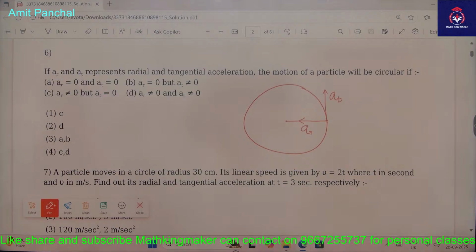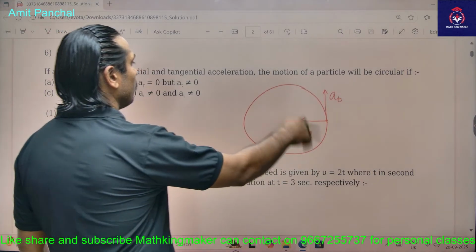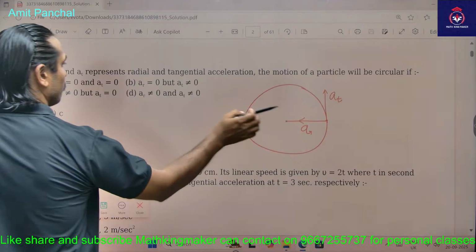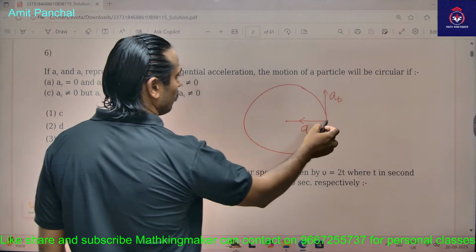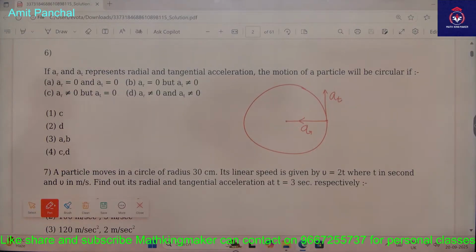Okay. So to maintain its uniform circular motion, your tangential acceleration must be 0. If it is not 0, it will not maintain its circular path.